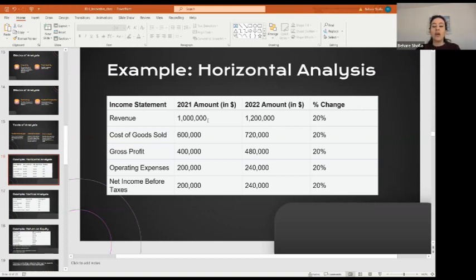So basically, this is done to see the changes in every position, comparing them between the years. As I said, we need to have a base year, which in this example is 2021, but this can also be done for 2020 or previous years. We just need to have a base year so that we can calculate the change.